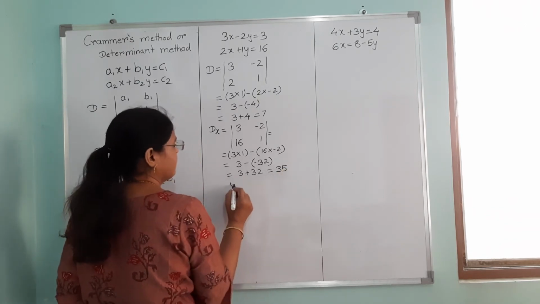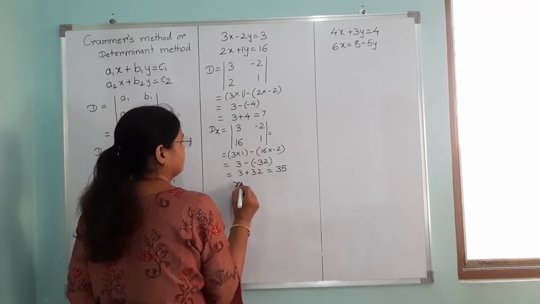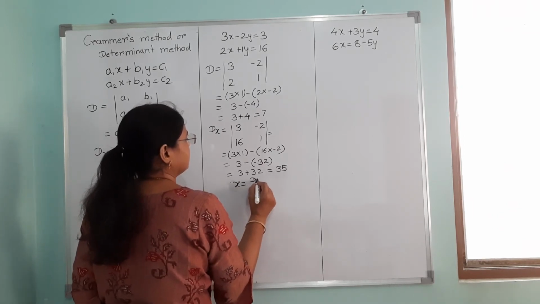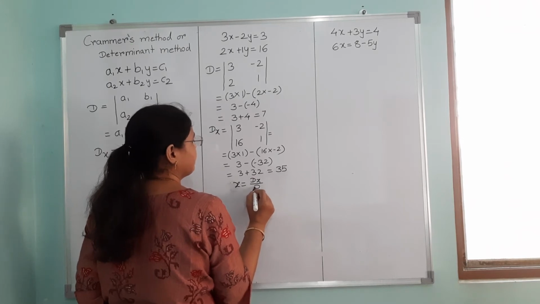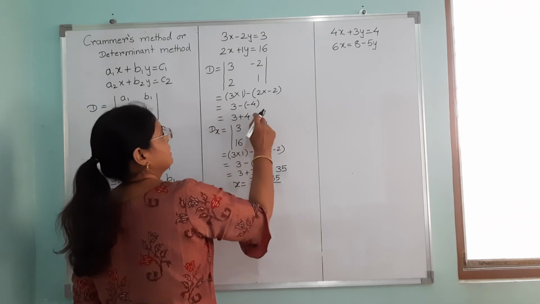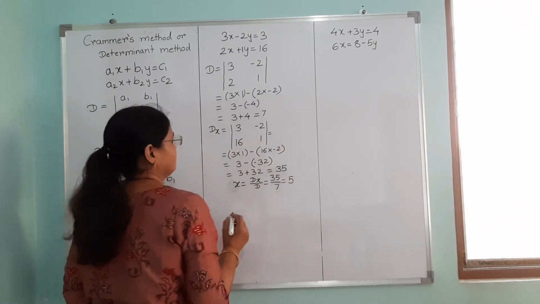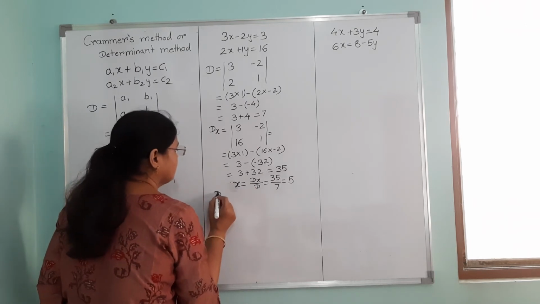So to find out the value of x, we have to divide the determinant dx by d, that is 35 upon 7, since the value of d is 7, so it is 5. Now we have to find the determinant dy.